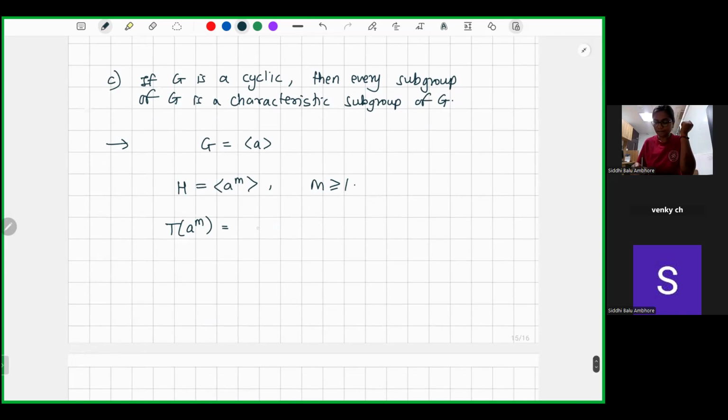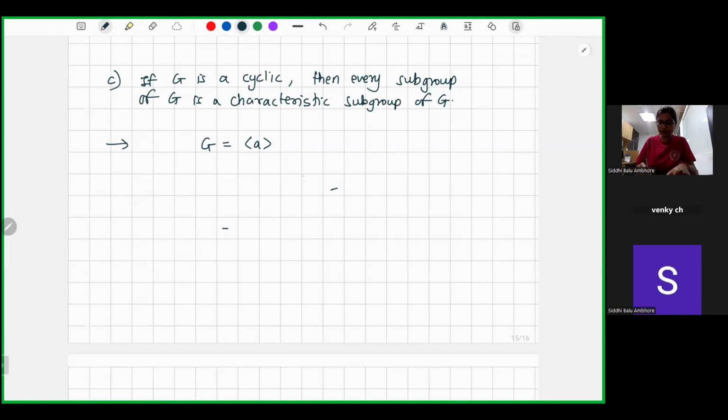I need to show that it is again some power of A power M. You can check that this actually happens.